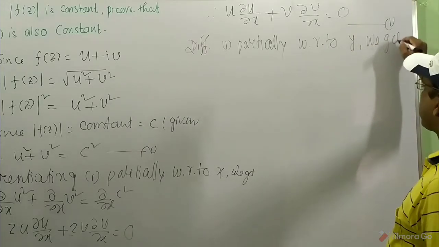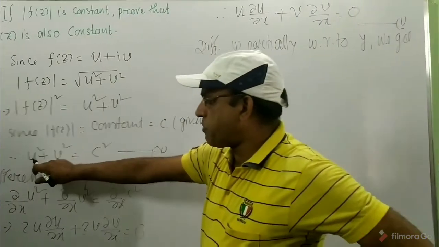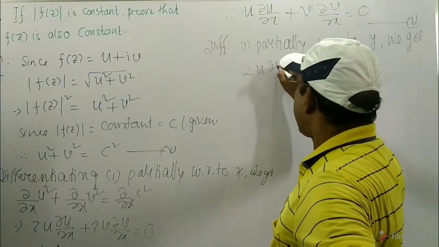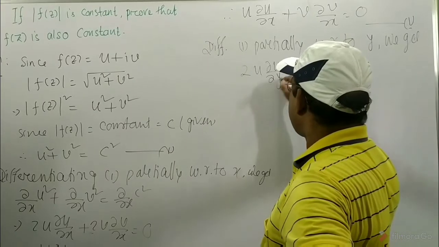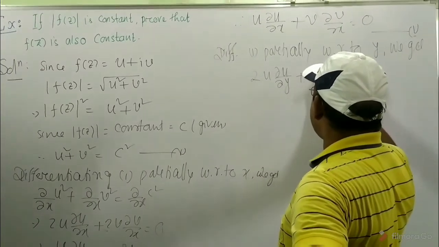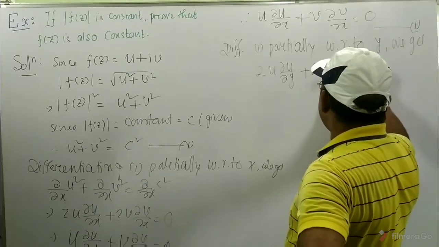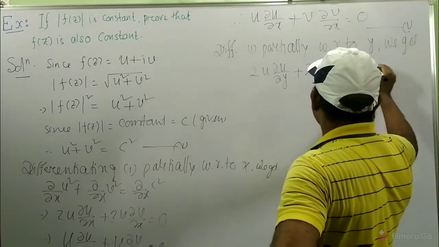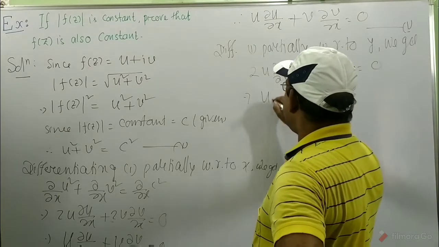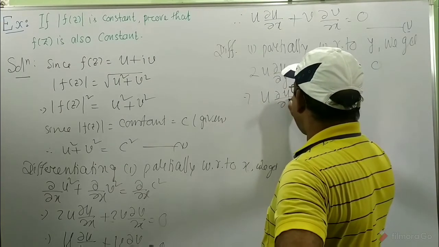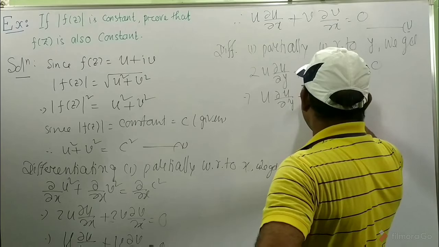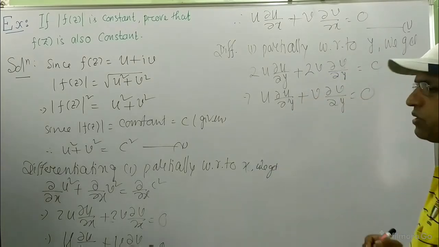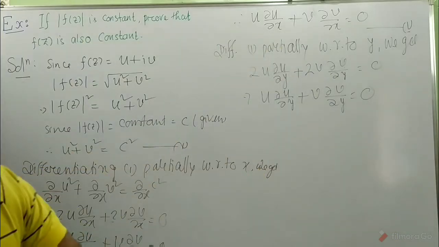We get twice u del u by del y plus twice v del v by del y equal to 0. So u del u by del y plus v del v by del y equal to 0.